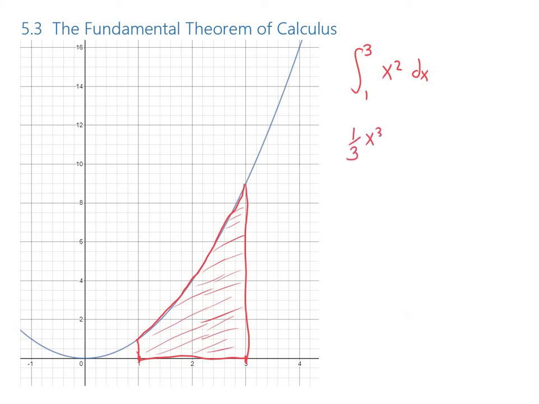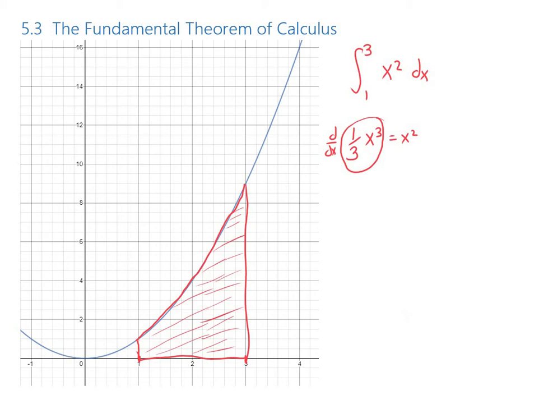But think about 1/3 x cubed. If you took the derivative of that, the 3 would come down, multiply the 1/3 to give you 1. The derivative would just be plain old x squared. So it is true that 1/3 x cubed is the antiderivative, the integral, of x squared.